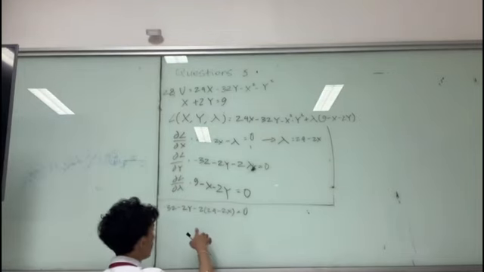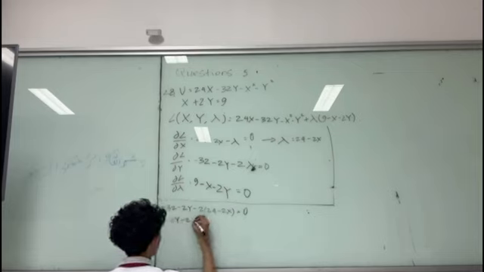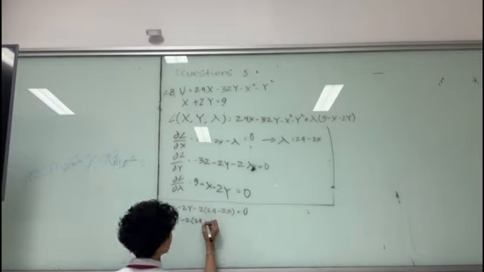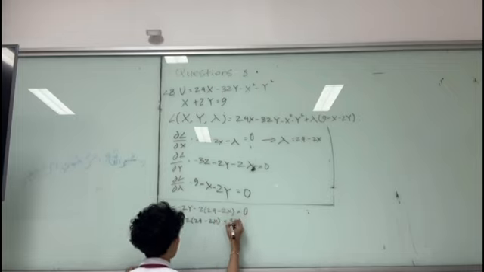So we're going to move this to there. This is going to be minus 2y minus 2 times 24 minus 2x equals 32.